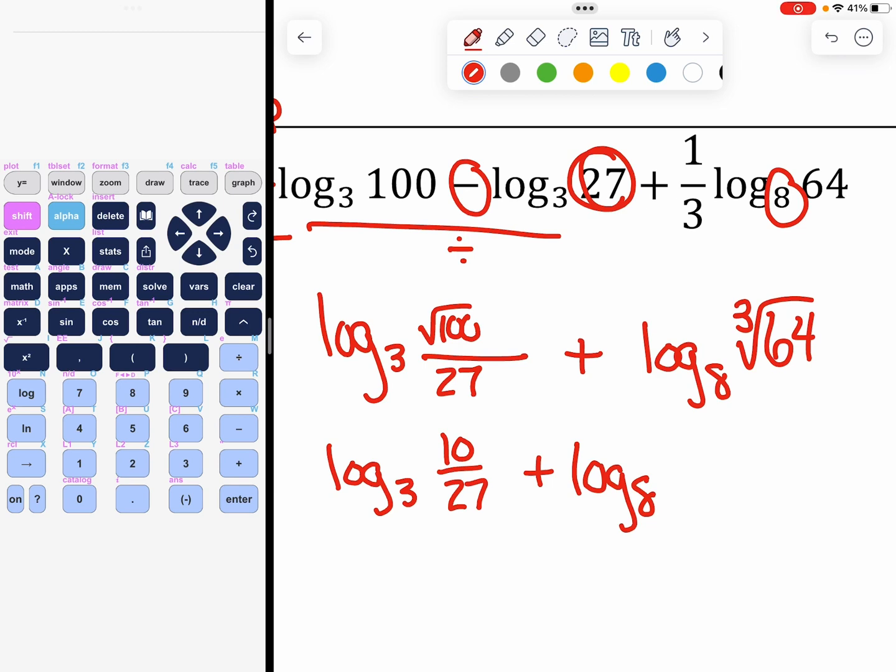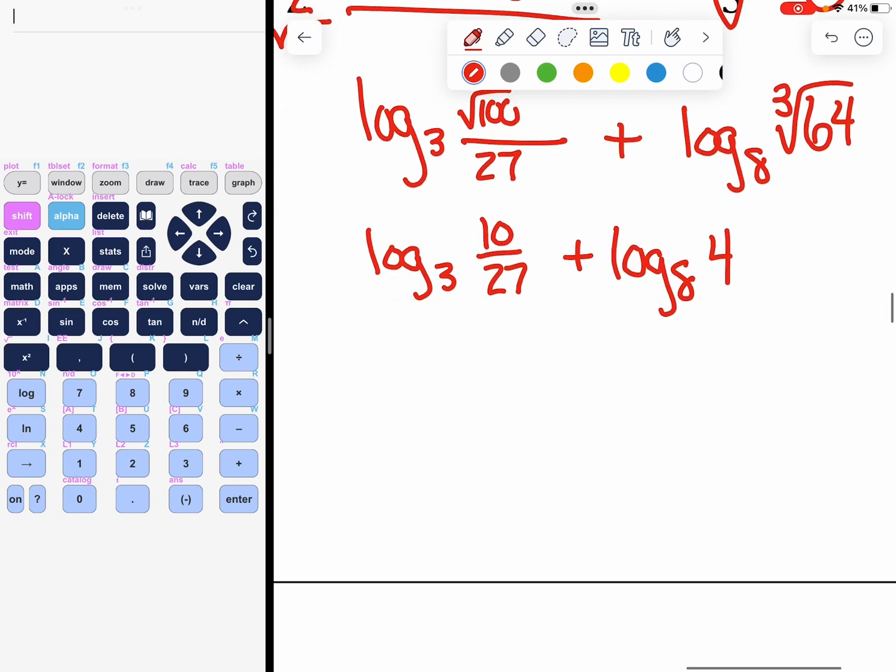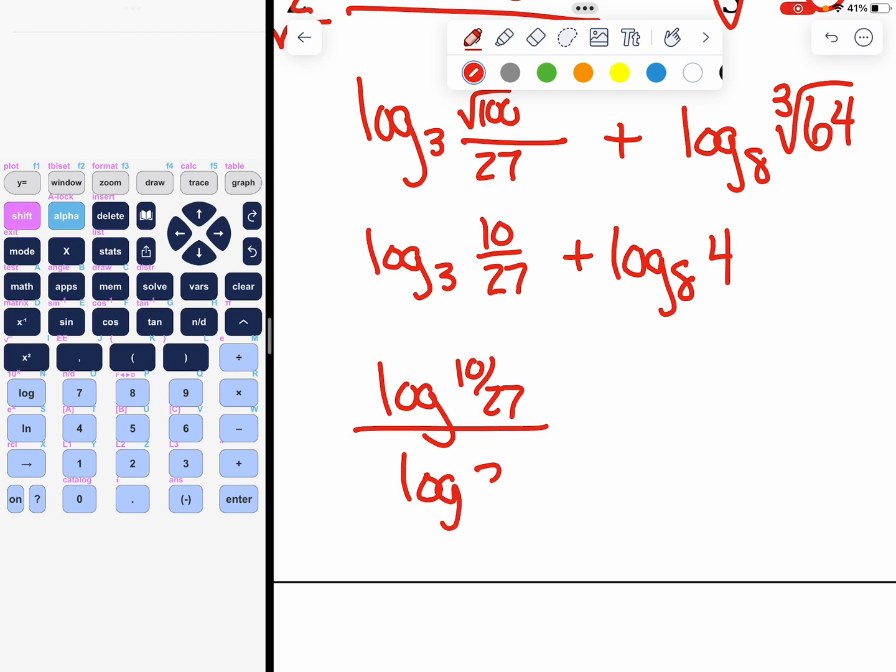So the cube root of 64. Cube root comes from this 1/3 we learned. So that's a 4. And then because I don't have a fancy calculator, I'm going to have to do change of base. So this one's going to have log base 10 of 10 over 27 on the top, 3 on the bottom, 4 on the top, 8 on that one.